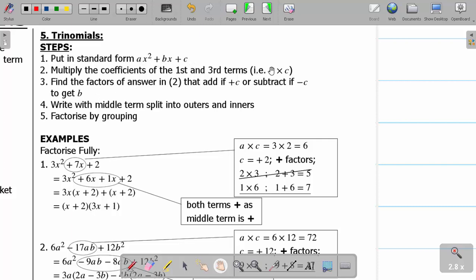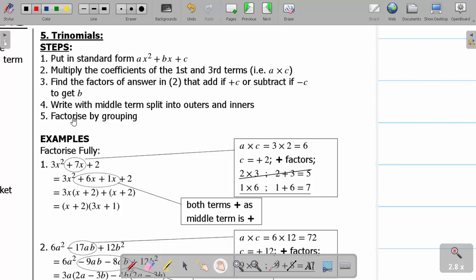Then find the factors of that answer, such that you add if c is positive, or subtract if c is negative, to get b, the middle term. I think we need an example to explain this properly.